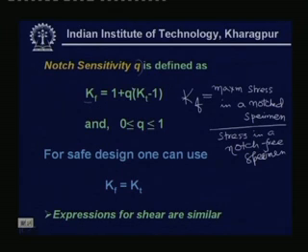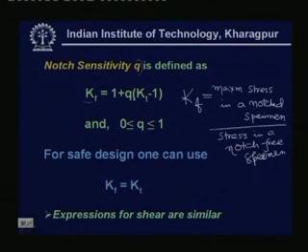So, basically the notch sensitivity q is actually anchoring between the Kt and the Kf, and this q obviously is based on the specimen material or the machine component material.